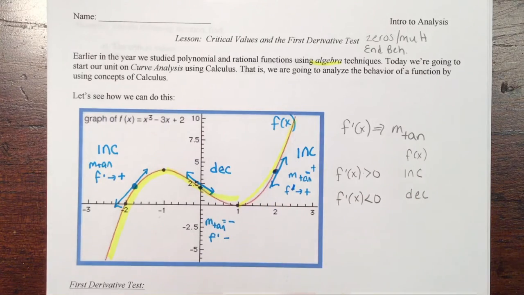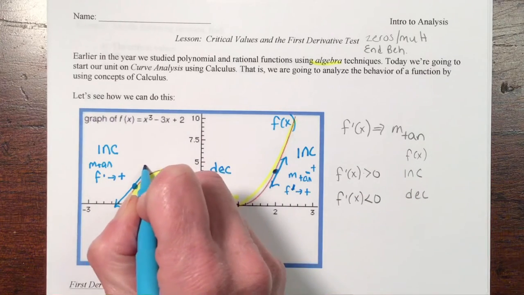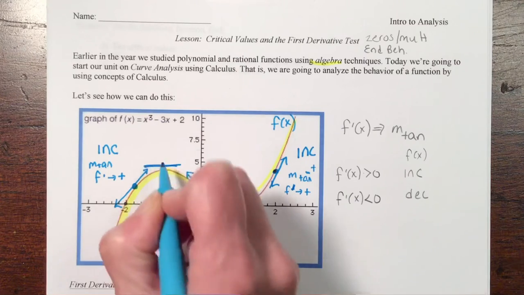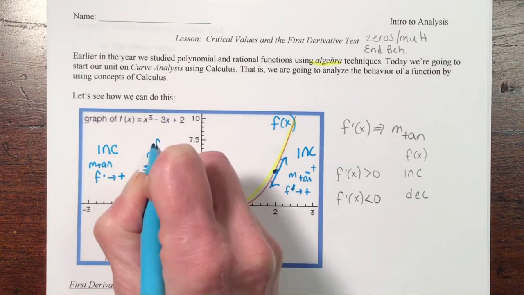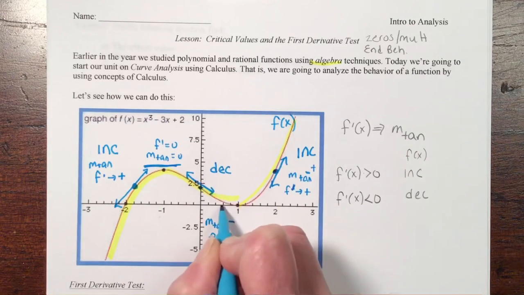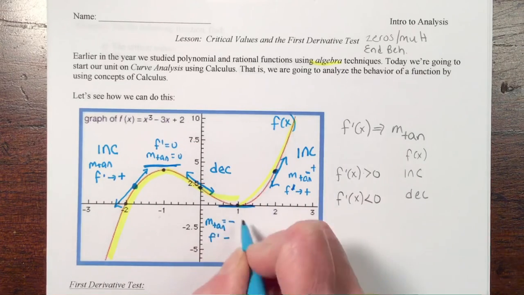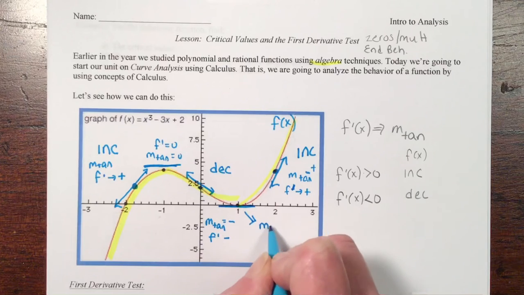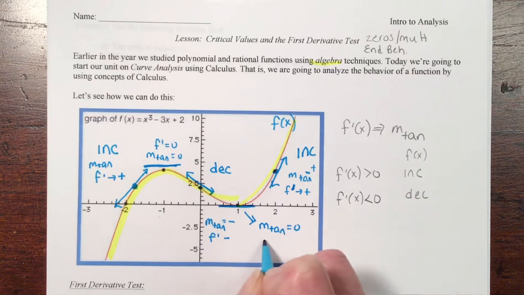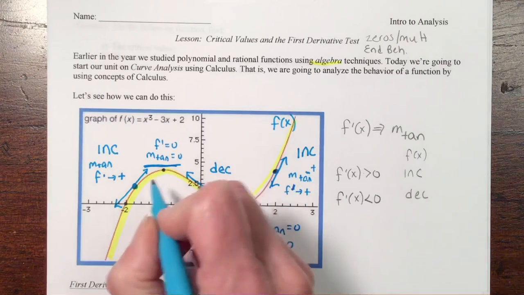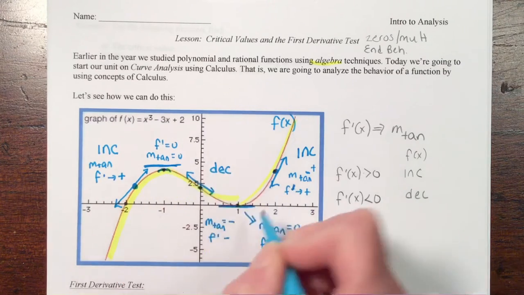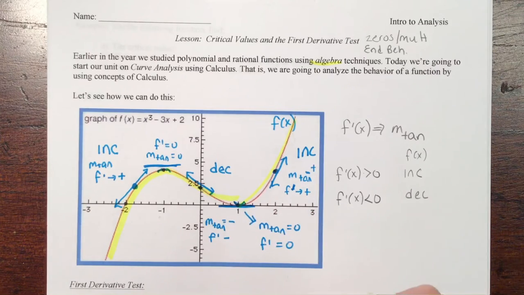If you notice at each of these points, this is where the slope of the tangent line is 0, or where the derivative is 0. Slope of the tangent line is 0, or in other words, the derivative is 0. Okay, and a pretty important thing is happening here. We have turning points in our graph.